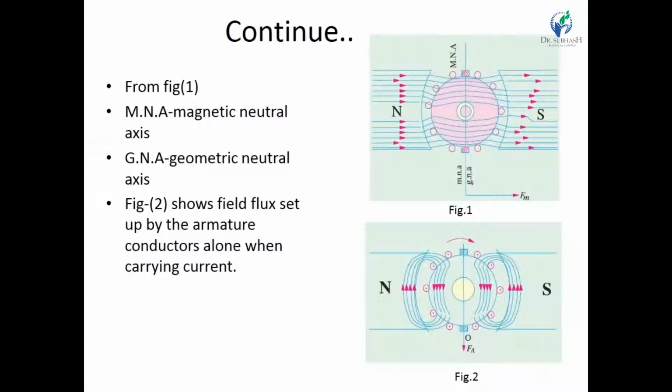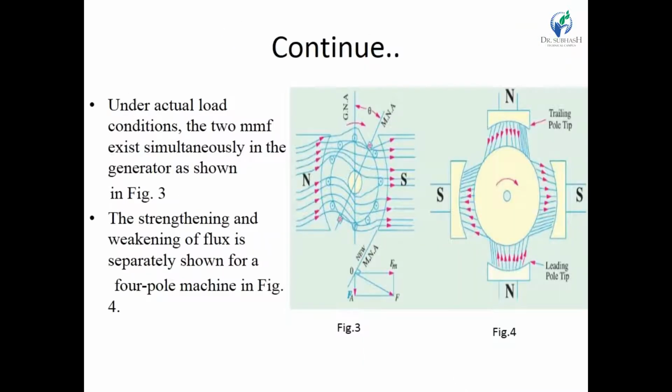But if the main pole excitation is such that the iron is in the saturated region, which is normally the case in a practical machine, then the increase in flux density at one end due to armature reaction is not the same as the reduction of flux density at the other end.